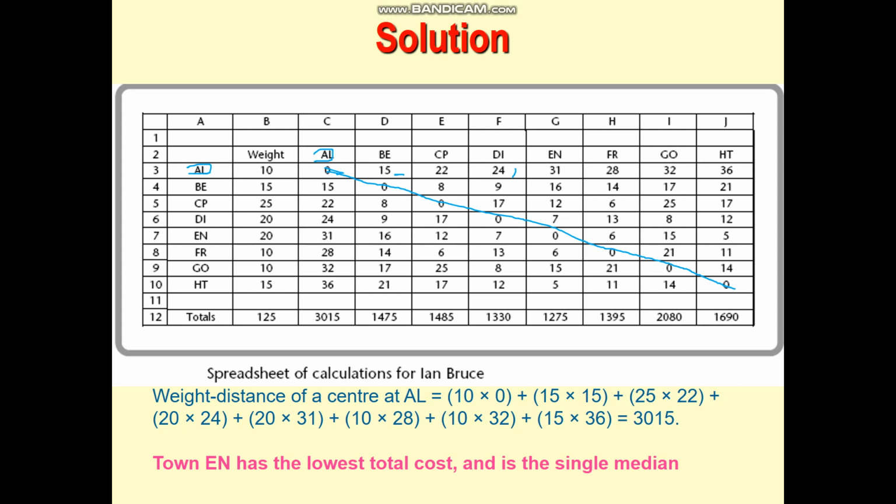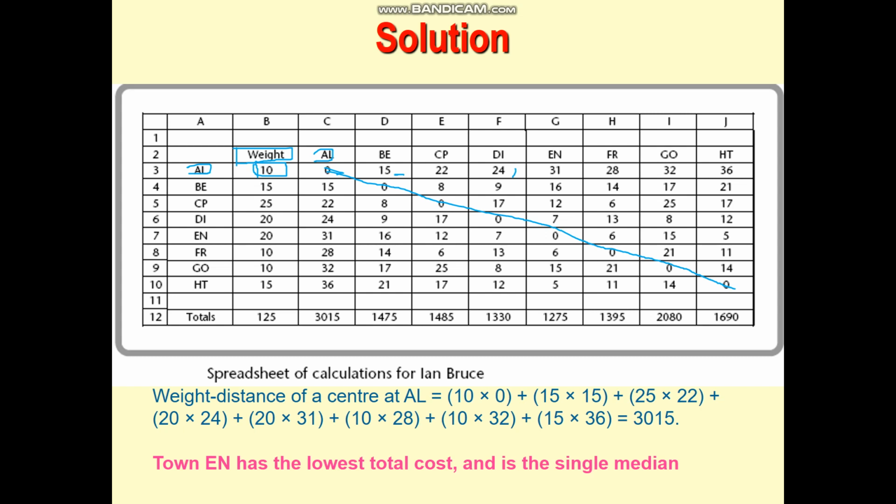And column B is the weight or the load of that town, like how many trips or how many units of products they have to deliver. For AL, it is 10.